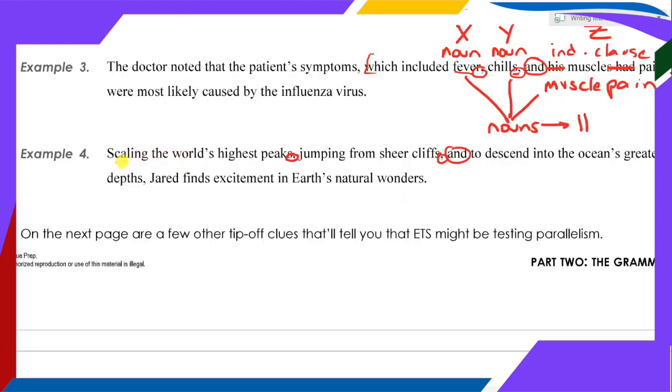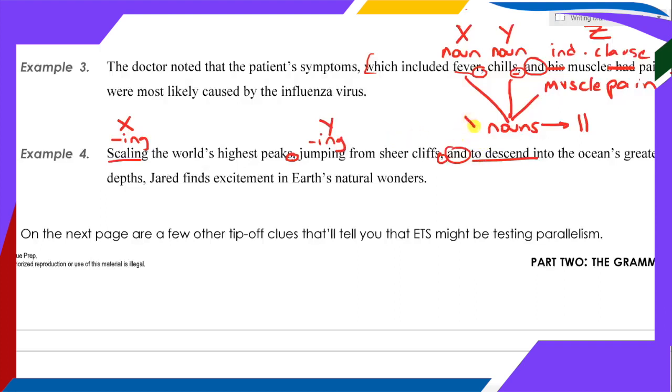Scaling the world's highest peaks, so there's our X, and that's, notice, an ING. And here's our Y after the first comma here. We've got another ING. And then after this comma and the and, we have what is known as an infinitive. For those of you that have done idioms, you should know what an infinitive looks like and what it is.